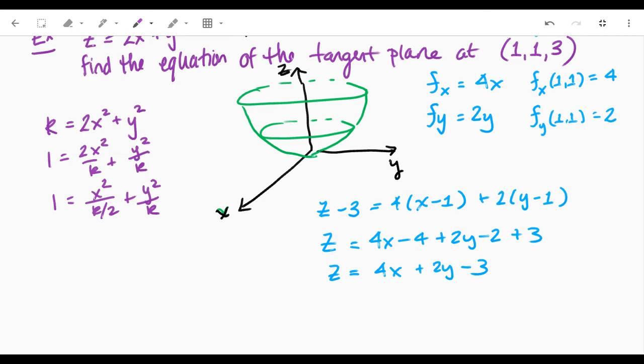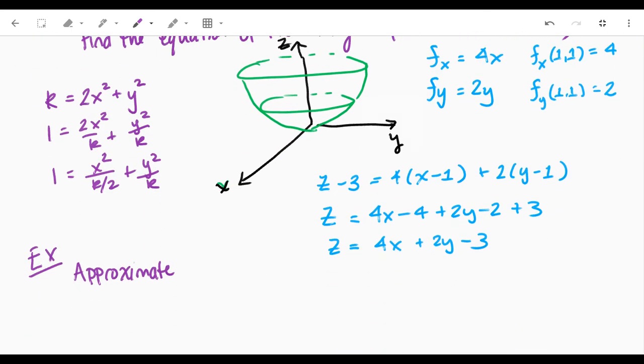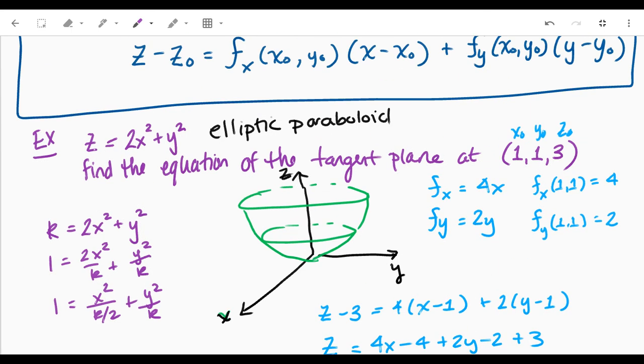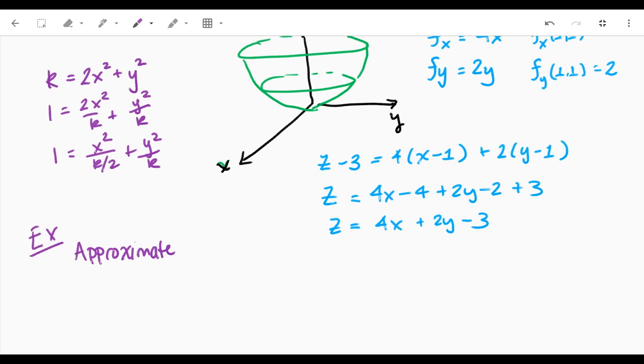So an example here, let's see. Let's approximate, and we're going to use the same function. Okay, that z equals, with that elliptic paraboloid up there, 2x squared plus y squared. So let's say that that's f of x, y, right? Okay, so approximate f of 1.1, 1.1.